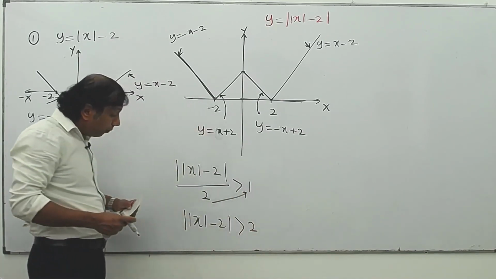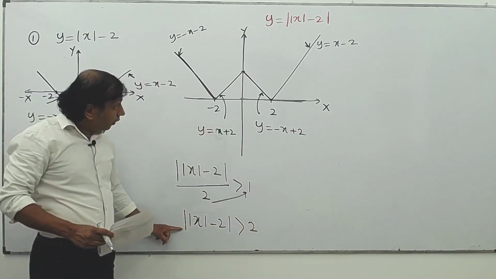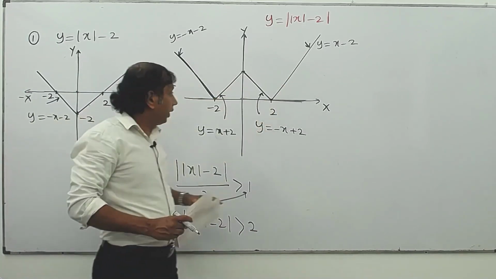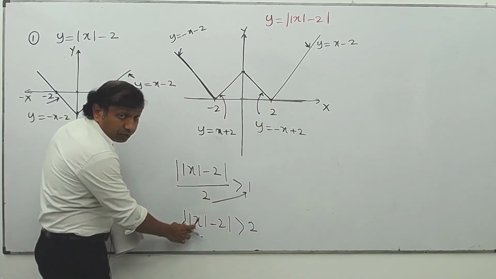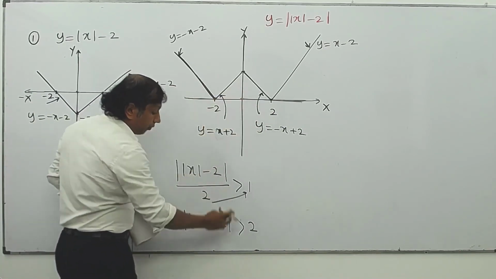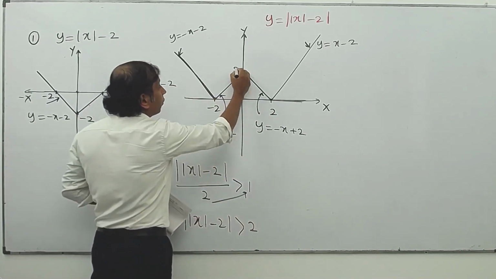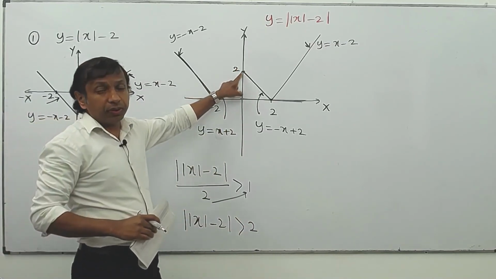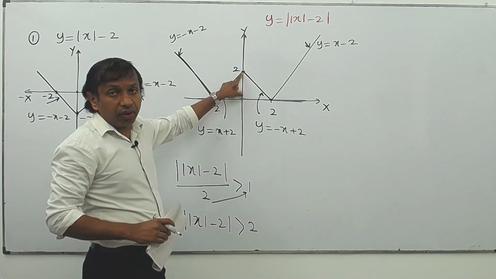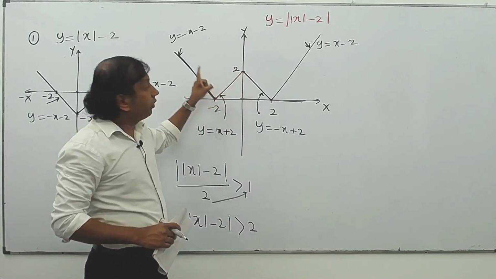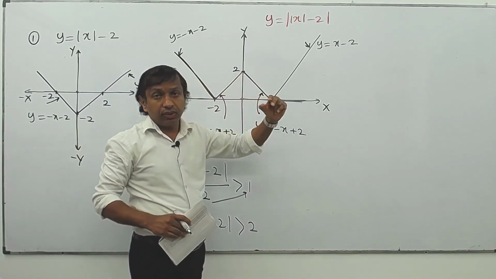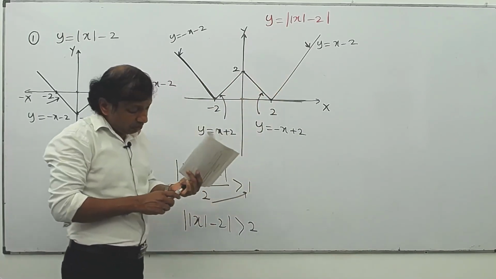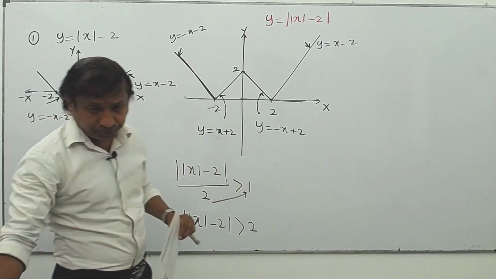Now what is asked? The left hand side is this graph. It asks for the range of x where this graph is greater than 2. Here you know this is 2, no? What are the intervals of x where this graph is above 2? Then you can find it very easily like this.